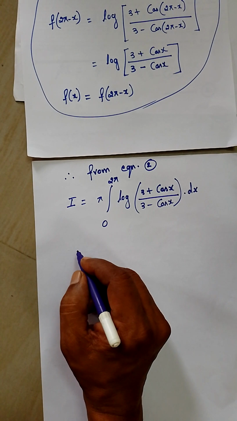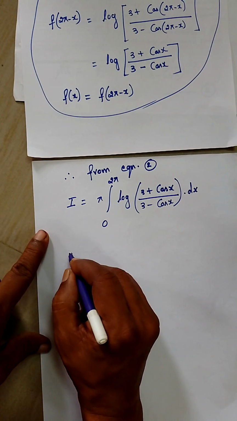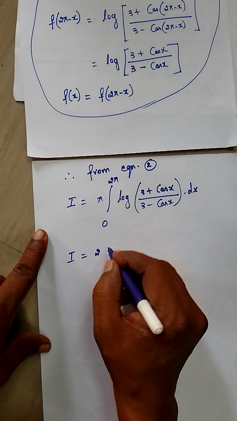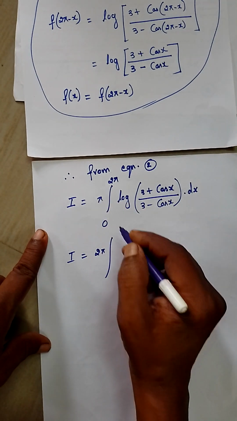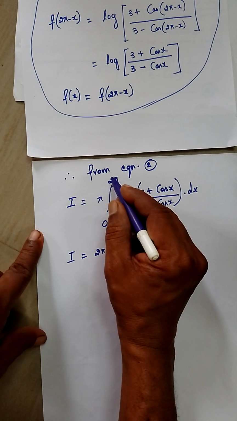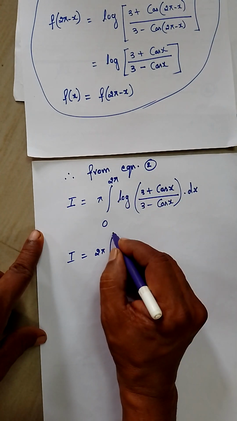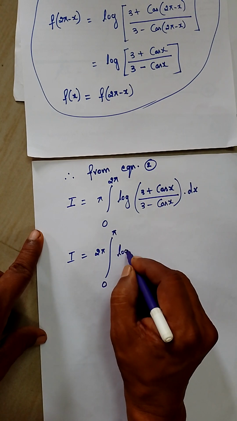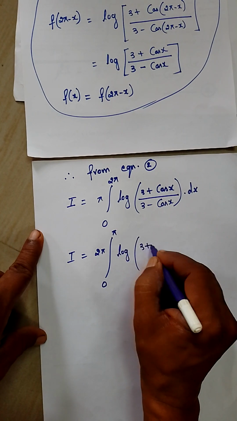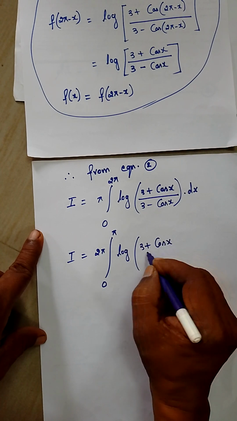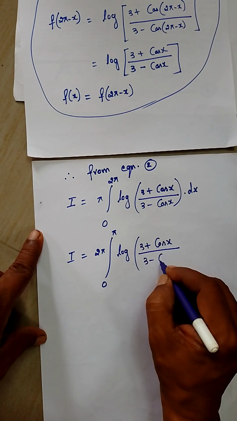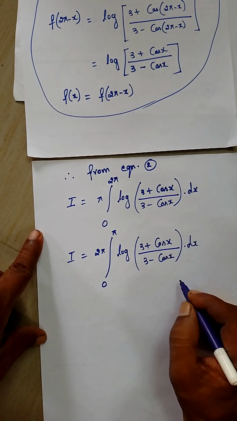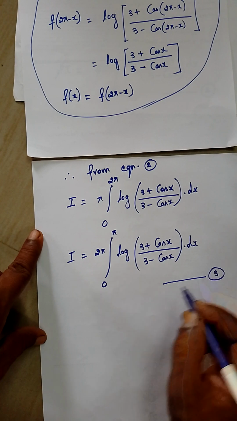Now making use of the property, this equation will be multiplied by 2. So already we have pi, and the upper limit will be half of 2 pi, that is 2 pi divided by 2, which is nothing but pi. So I is equal to 2 pi integral 0 to pi log of (3 plus cos x) by (3 minus cos x) into dx. Okay, this is equation number 3.